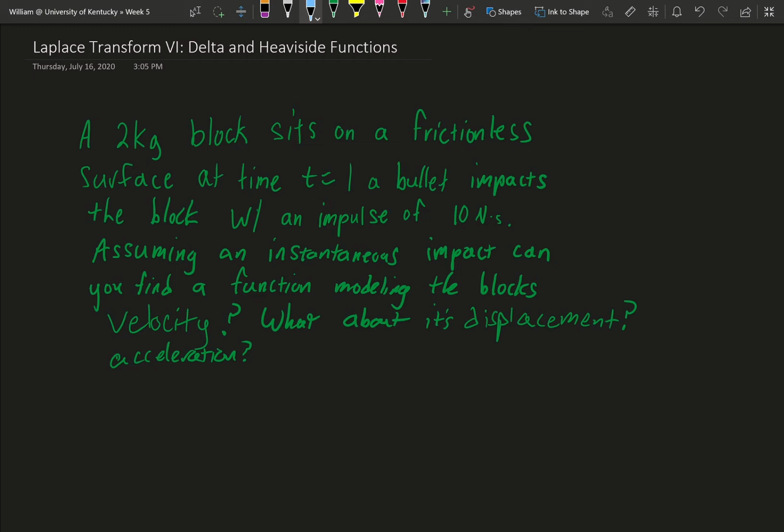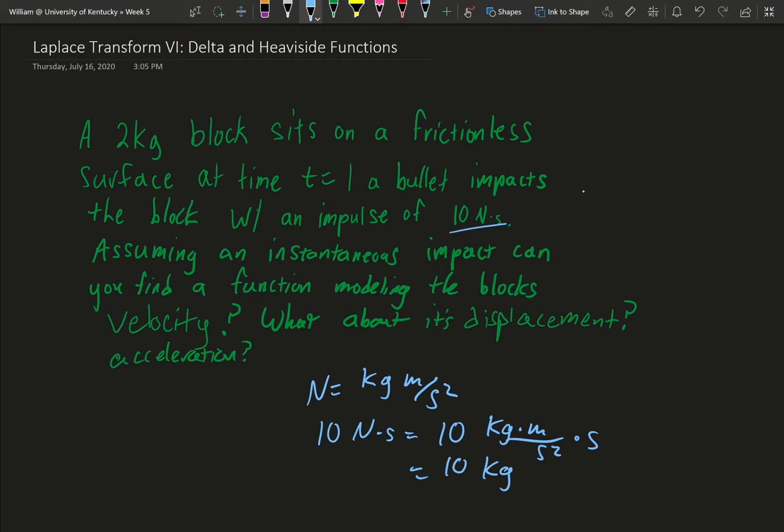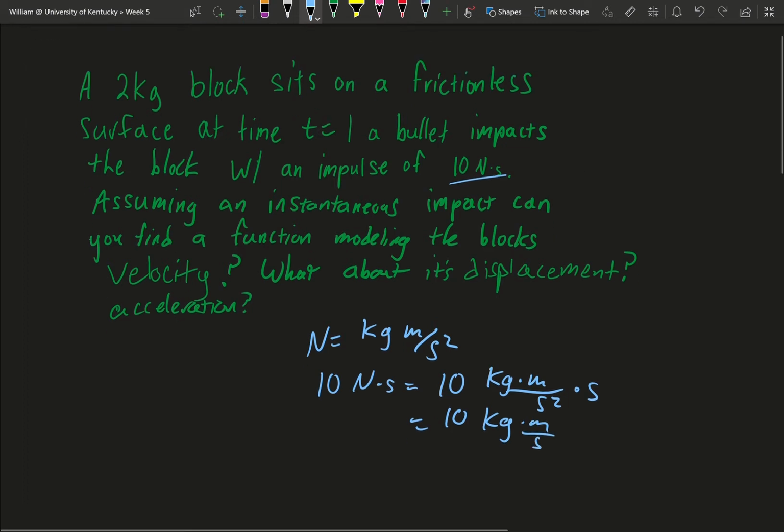So first, let's think about Newton seconds. A Newton is a kilogram meter per second squared. And so 10 Newton seconds equals 10 kilogram meter per second squared times second, or 10 kilogram meter per second.